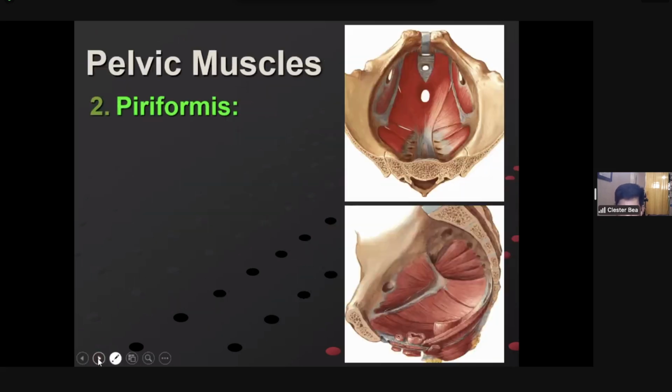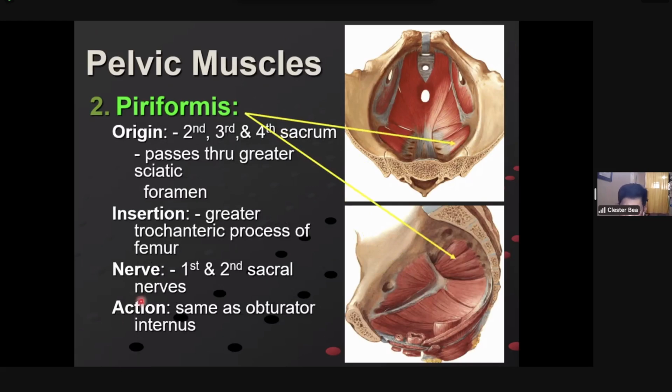Another muscle, this time found on the back or posterior side of the pelvic cavity, is the piriformis muscle. Its origin is from the second to the third sacral vertebra. Similar to the obturator internus, it goes out of the pelvic cavity.